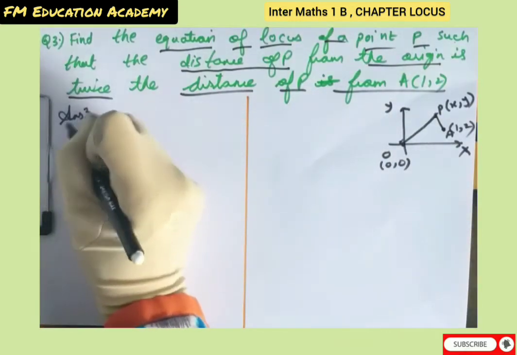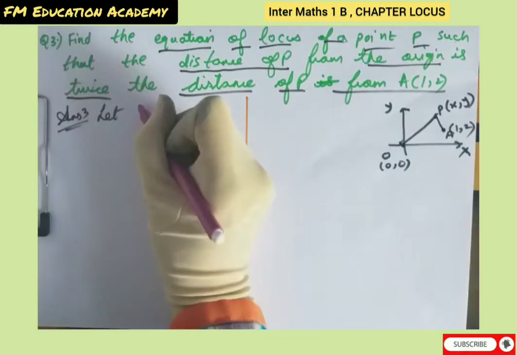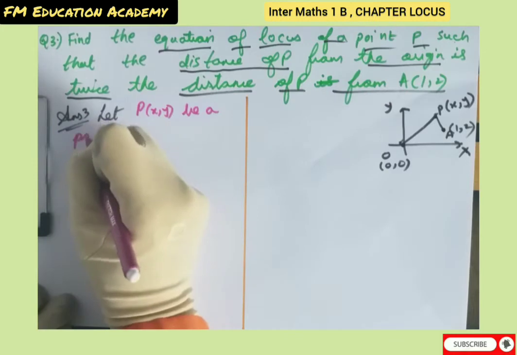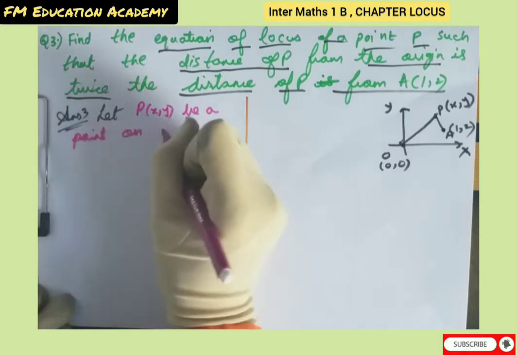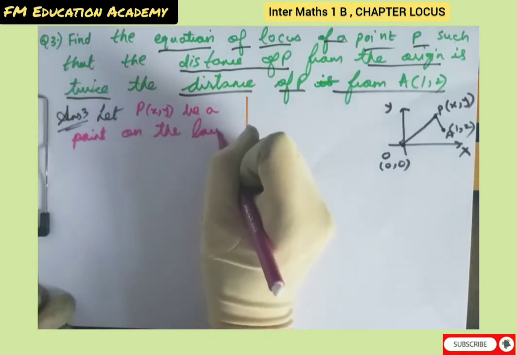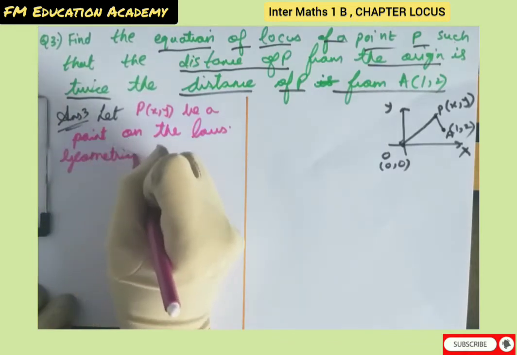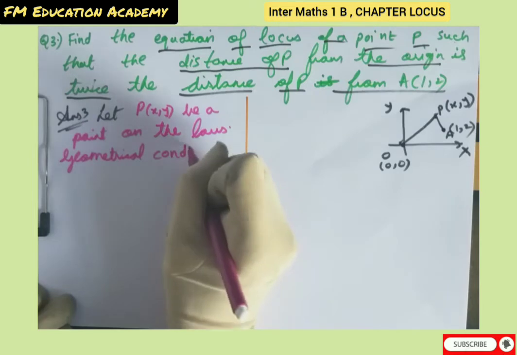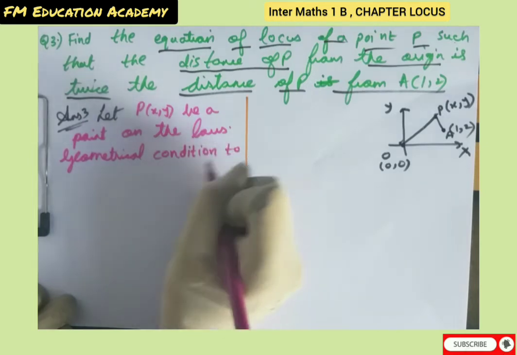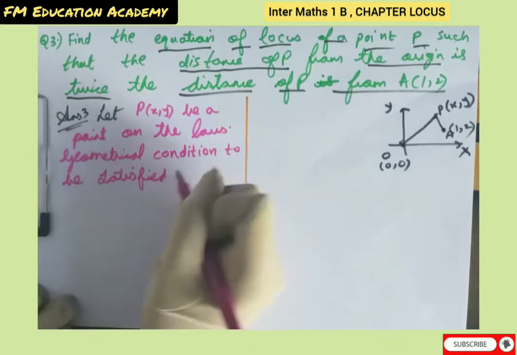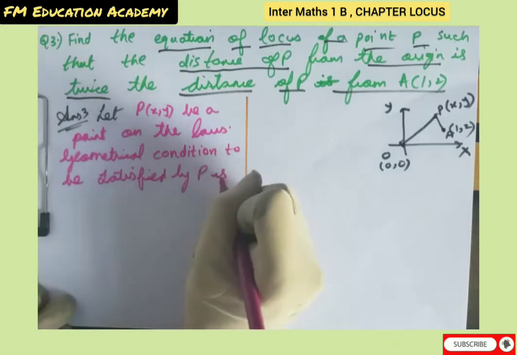So let P(x, y) be a point on the locus. The geometrical condition to be satisfied by P is, what is the condition given?